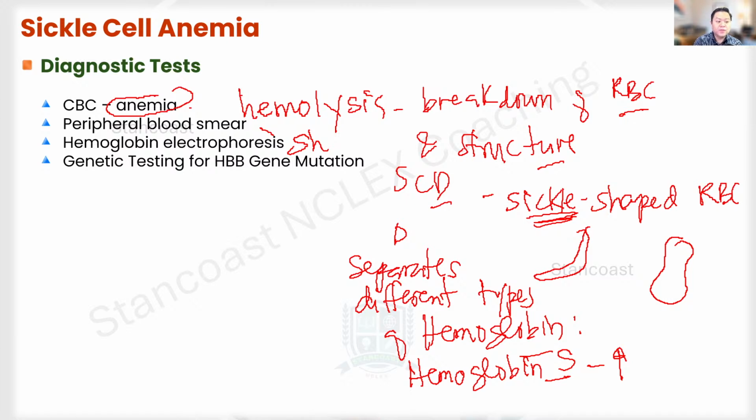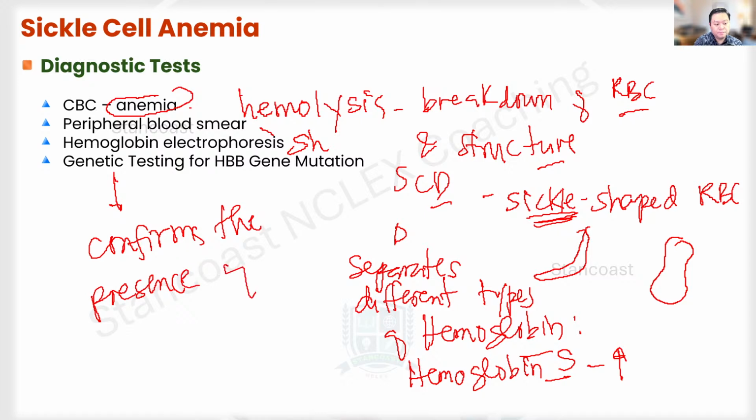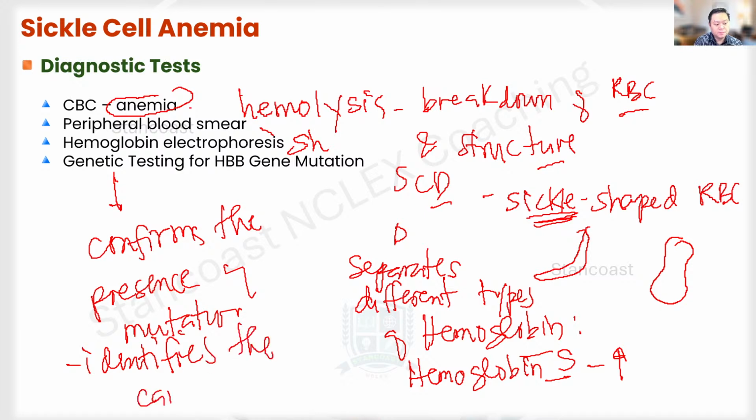And so the person, especially during their childhood, or let's say infancy, is going to be tested to confirm the presence of mutation. And also, this will identify the carrier. All right, so don't forget about the genetic testing.